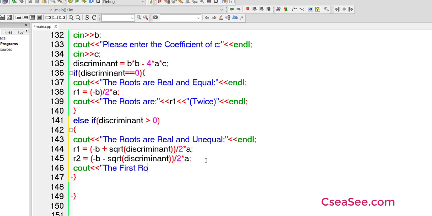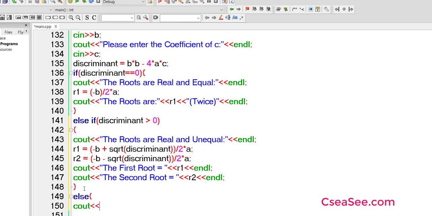The first root equals R1 and endl, and then you can also give the second root. The second root is going to be R2.